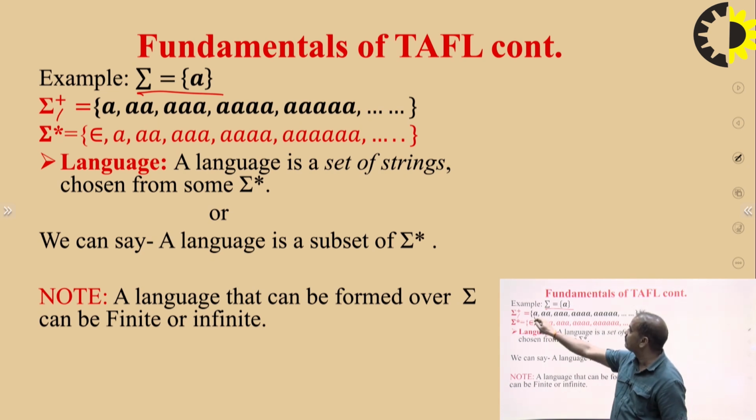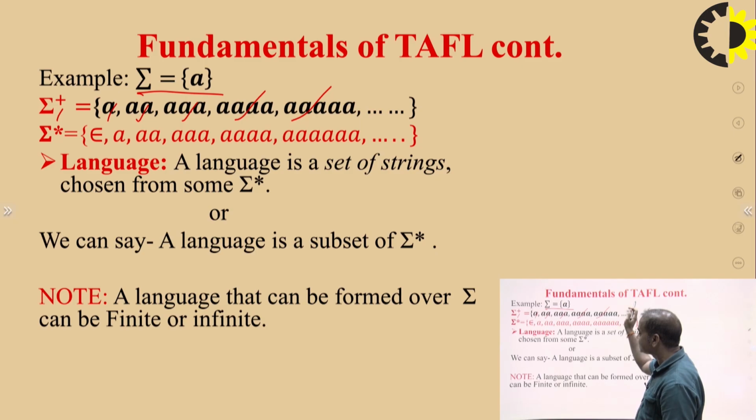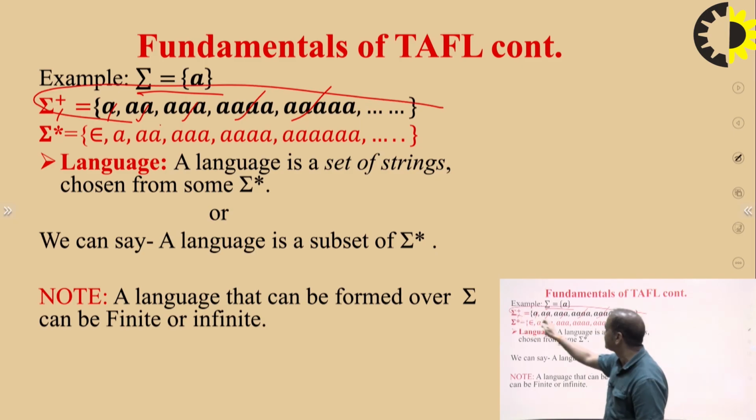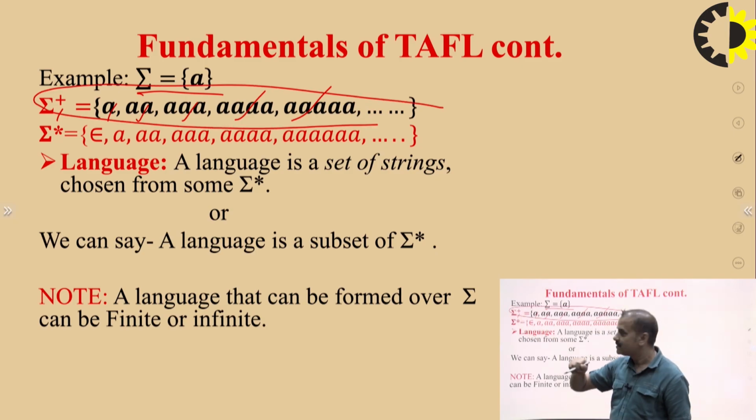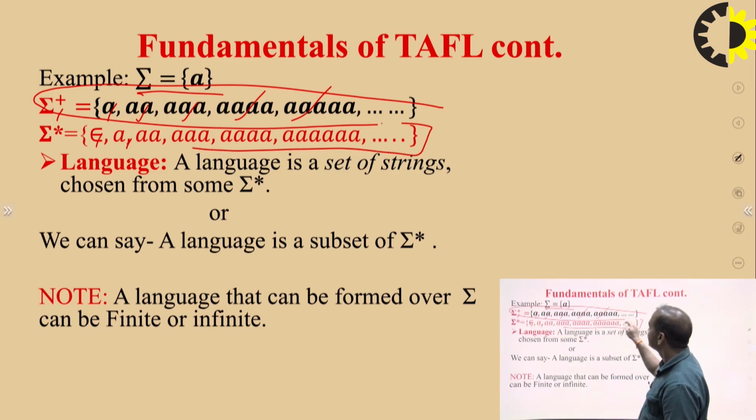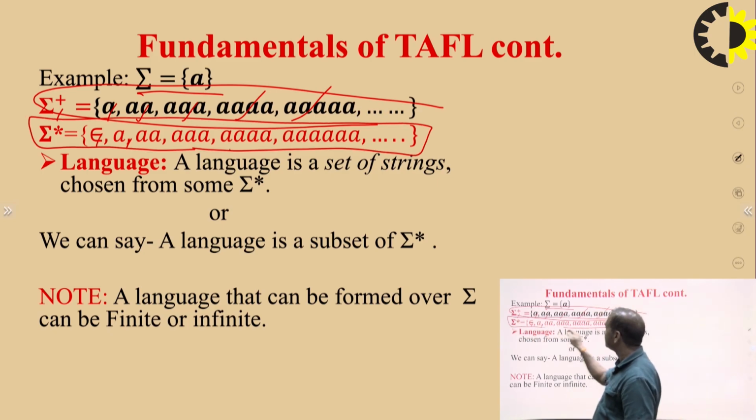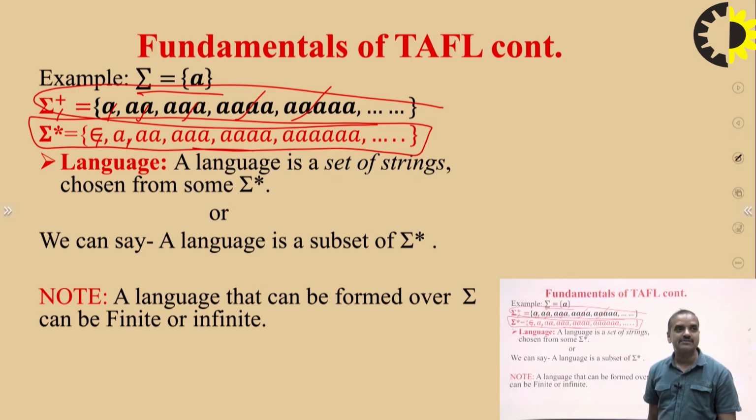Here a sequence of one symbol, that is A. Here a sequence of double A. Here a sequence of triple A, four times A, five, like this. This set of sequences is called sigma plus. Look at this sequence: null is not included. But if we include null, then it is called sigma star. This is the main difference between sigma plus and sigma star.